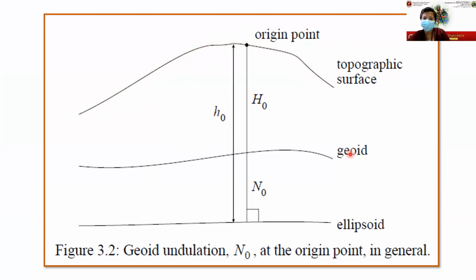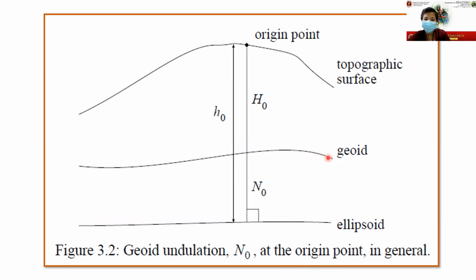And then, if this is the true shape of the Earth, this is the geoid, and this is the ellipsoid. The ellipsoid is our mathematical surface with parameters a, di ba? Semi-major axis, semi-minor axis, flattening. Since it is mathematical, this is an ellipsoid. So this is just a portion on the surface of the Earth.